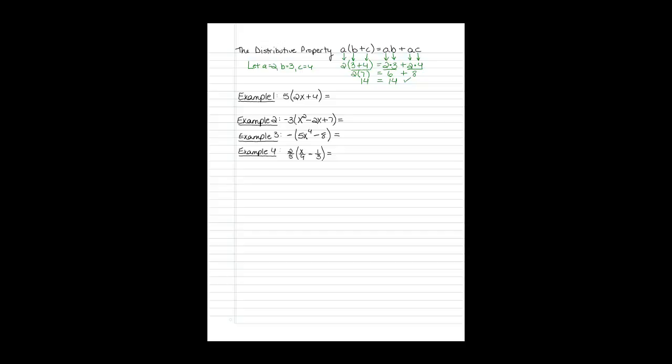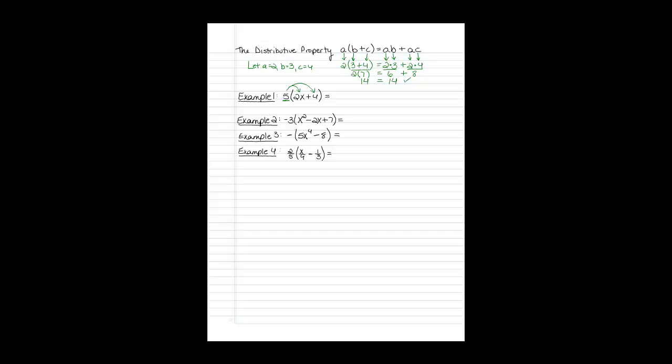So in example 1, we have 5 times 2x plus 4. Now what we want to do is remove the parentheses. We want to write this as a sum of 2 terms rather than the product of a number and an expression inside parentheses. So what we want to do is multiply a number on the outside of the parentheses, in this case 5, by each term inside.